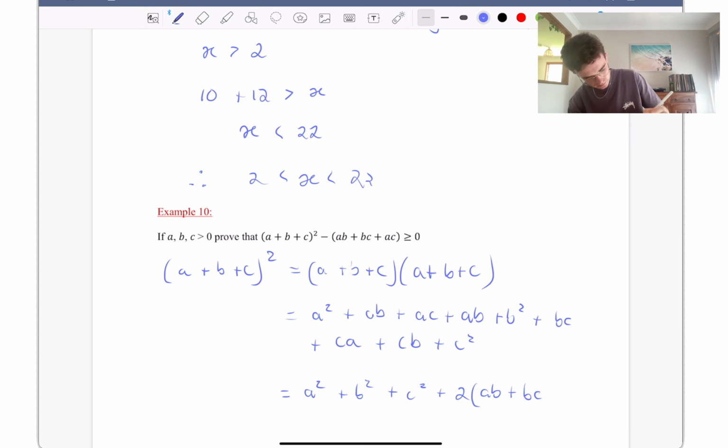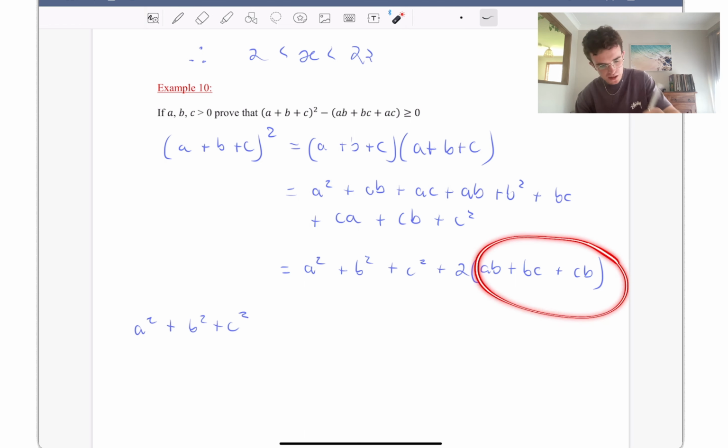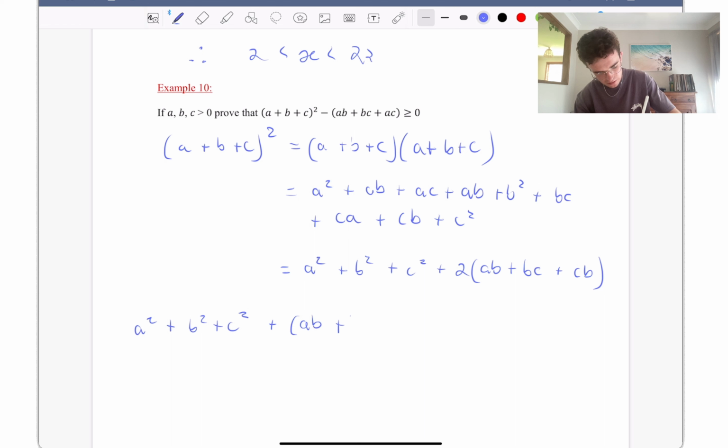So we could say that this is equal to a squared plus b squared plus c squared. Now we've got 2 of these and we're minusing 1 of them, so we're going to go plus ab plus bc plus ca. Now we know that a, b and c are greater than 0, so therefore this expression has to be greater than 0.